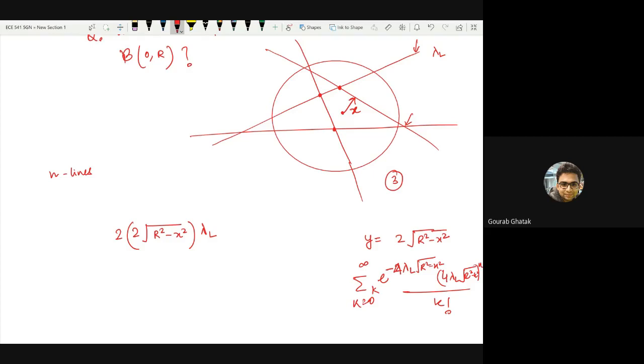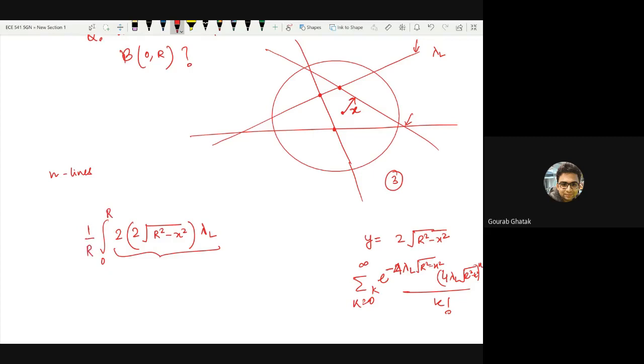The average value is the Poisson parameter itself, so 4 times square root of r square minus x square times lambda L is the average number of lines crossing a random line located at a distance x from the center. Of course, x can be anywhere between 0 and r uniformly, so you integrate from 0 to r with weight 1 by r.